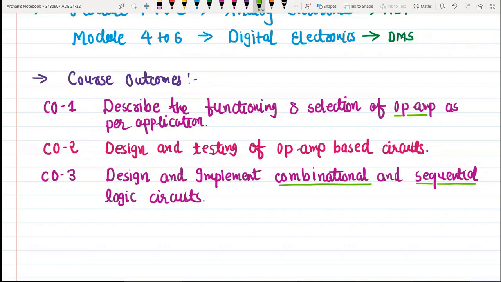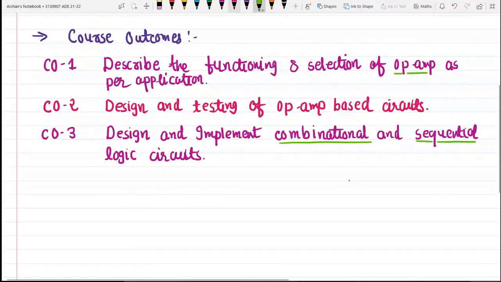Whenever these memory elements are associated with the circuit, we will be dealing with a sequential circuit, and whenever memory elements are not associated with the circuit, we will be dealing with a combinational circuit. So after the end of the course, you will be able to design and implement both combinational and sequential logic circuits, right?